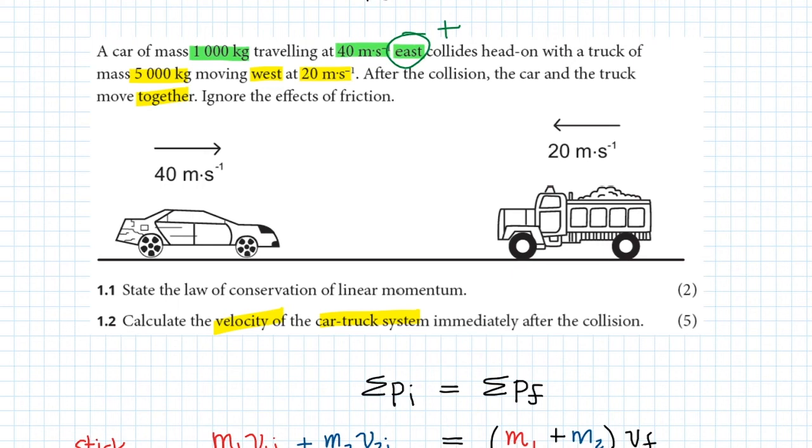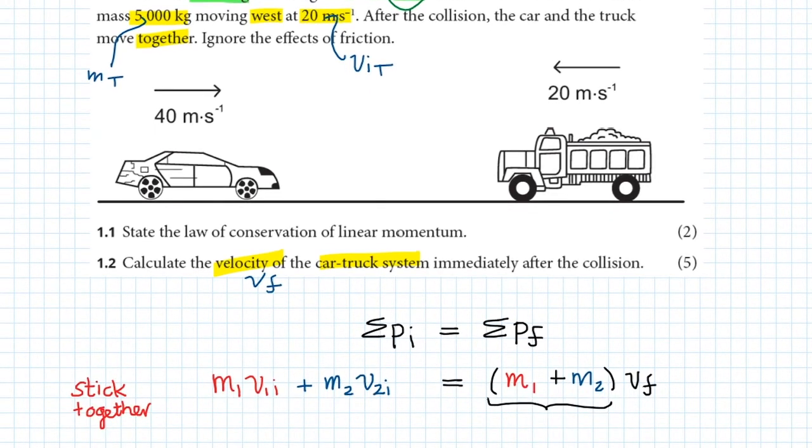So we have the mass of the car, we have the initial velocity of the car, we also have the mass of the truck, and we have the initial velocity of the truck. Alright, so now we are looking for the final velocity of the system. So let's plug in what we know into this equation.